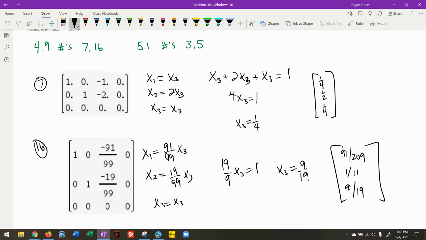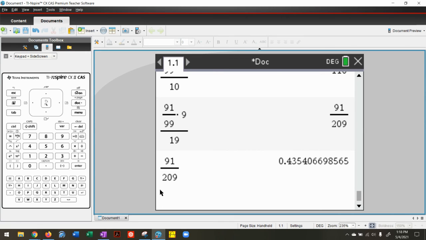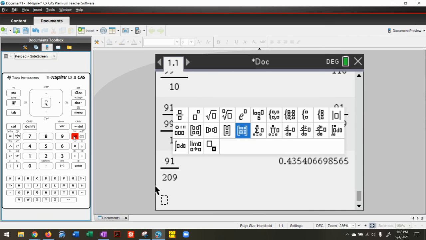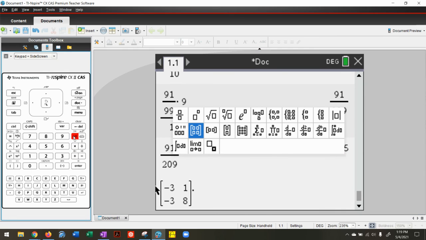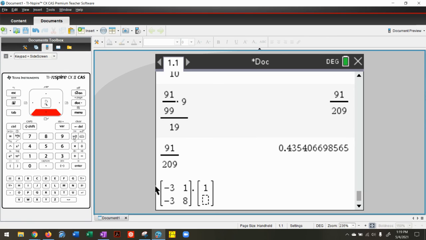When I do the 2 from 5/1, and I know I just barely touched on 5/1 in class, but we should be able to answer these questions quickly with the calculator. So number 3 says, is (1, 4) an eigenvector of [-3, 1; -3, 8]? If so, find the eigenvalue. Well, something is an eigenvector when it gets multiplied by the matrix, and the result is simply a scalar multiple of the original vector.